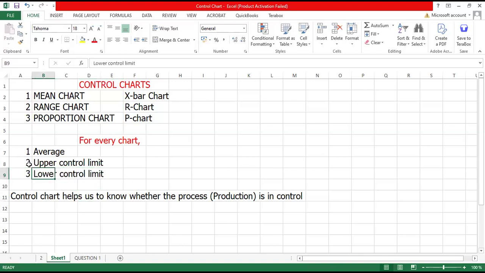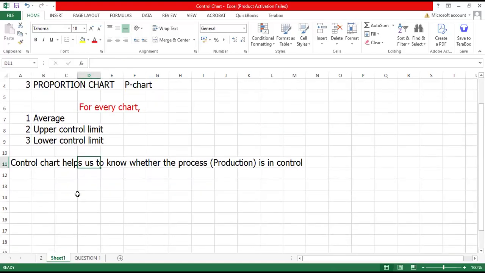If you realize that you have a point that is above upper control limit, then obviously it will be an indication that the process is not in control. If you plot and you realize that you have 1 point, which is below lower control limit, it will be an indication that the process is not in control.